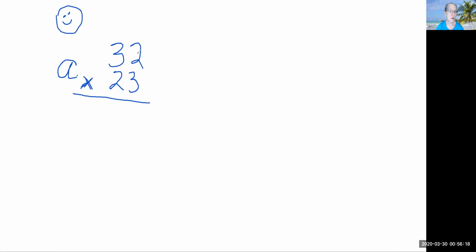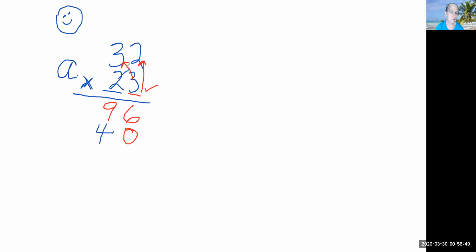Okay, so we're going to start. Let's see if you got the same answer that I will get. 2 times 3 is 6. 3 times 3 is 9. Okay, now we've completed our ones column. Let's put our 0 placeholder. Now, let's go to the tens column. 2 times 2 is 4.